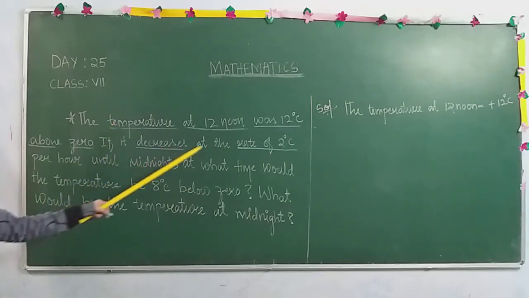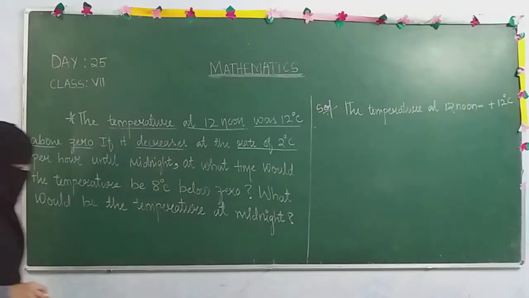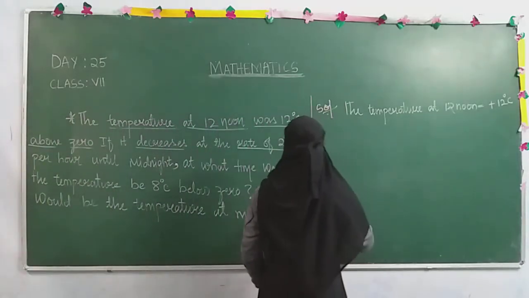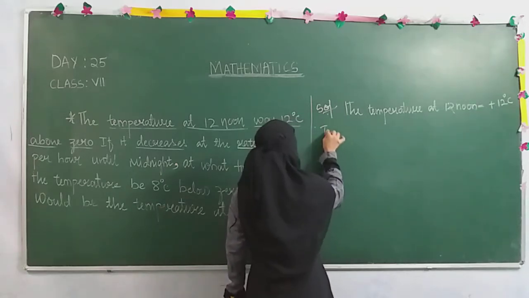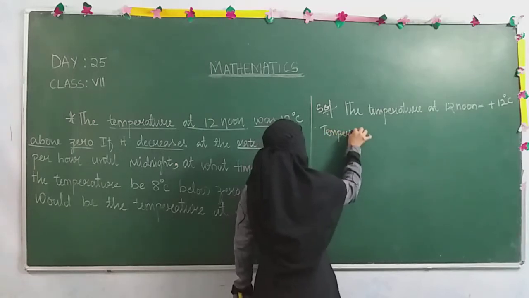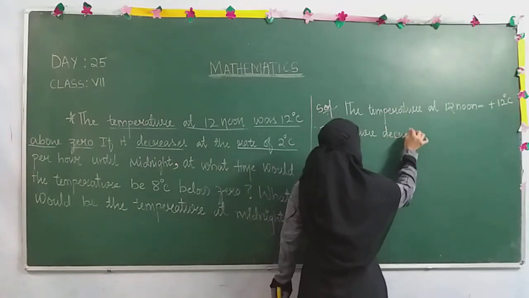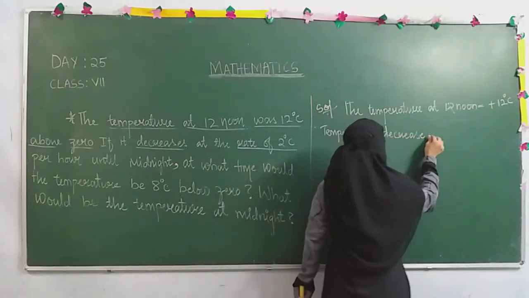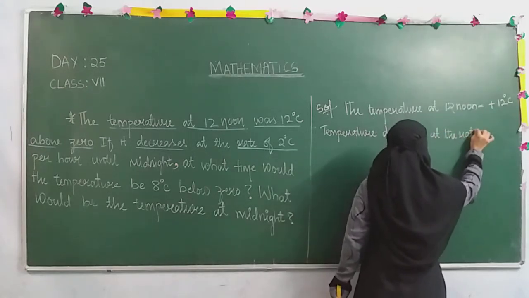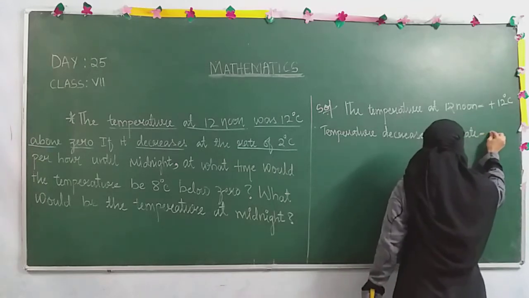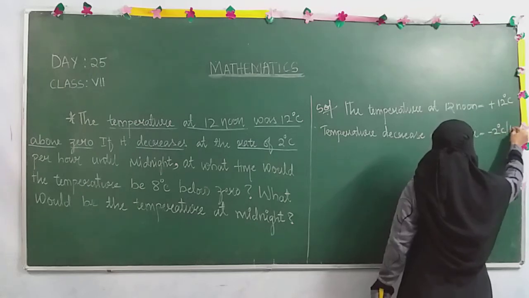If it decreases at the rate of 2 degrees centigrade per hour, so here we are going to write: temperature decreases at the rate of minus 2 degrees centigrade per hour.